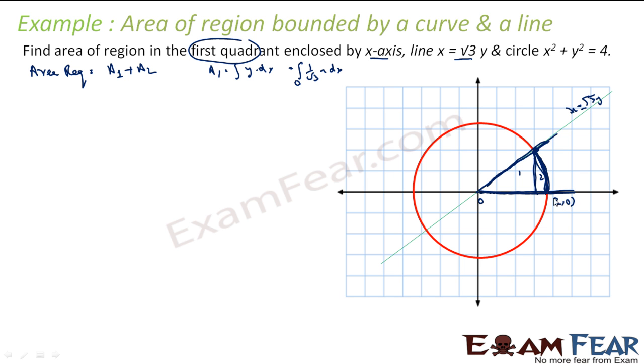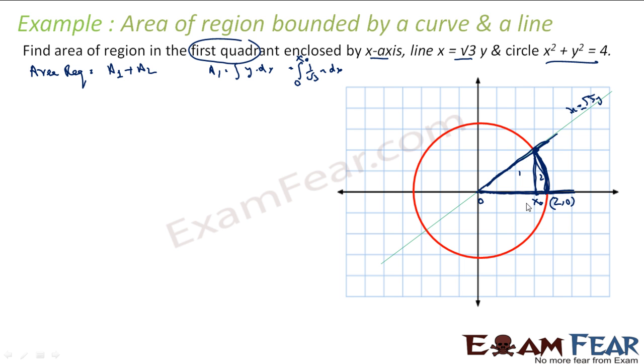I know this is 2 and y is 0. Why? Because the radius is 2, x square plus y square is equal to r square. So to find this guy, to find the intersection of this circle and this line, let's first find the intersection. Then only I can put the value here, right? And if I have this value, let's suppose this value is x, which I'll find now.